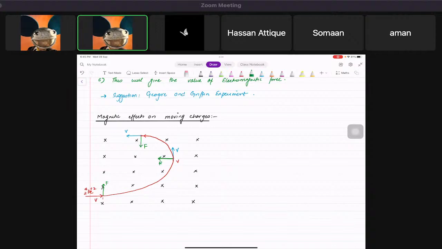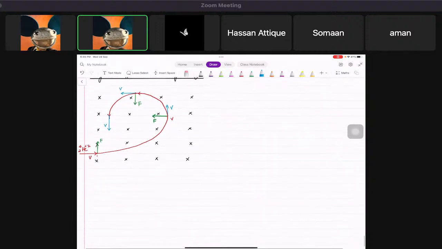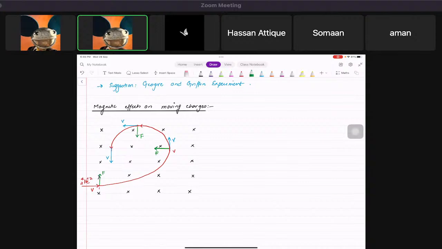Now check this out. This force will then cause it to turn this way. When it reaches here, the velocity is in this direction, going like that. So now index finger towards the screen, towards the field, middle finger downwards, and now your thumb points to the right, which means the force is this way.